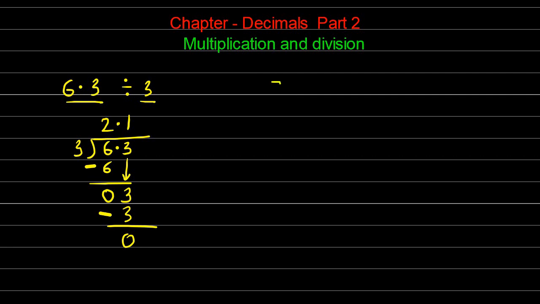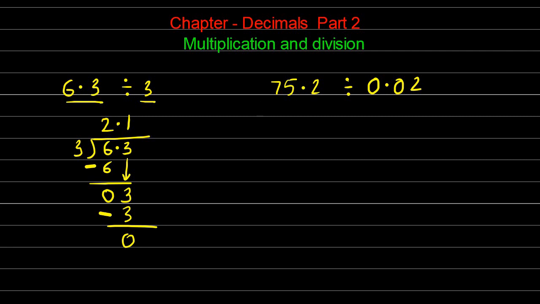For example, if we take 75.2 divided by 0.02. Okay, if I take this example, you can see here both the numbers are decimal numbers. So those who do not have this type of division may omit it, but this is a very important topic.